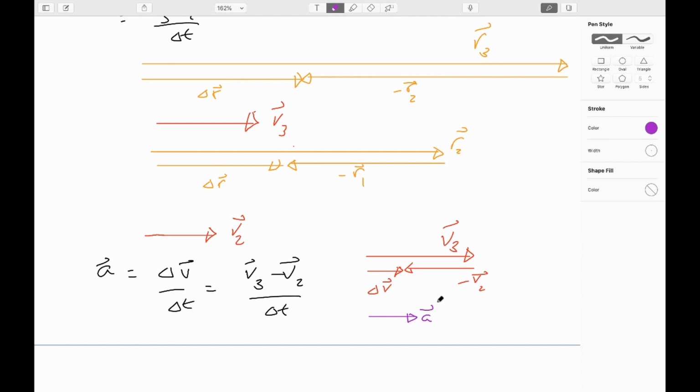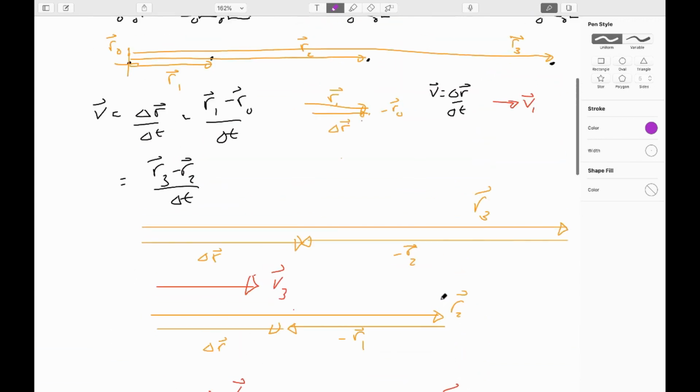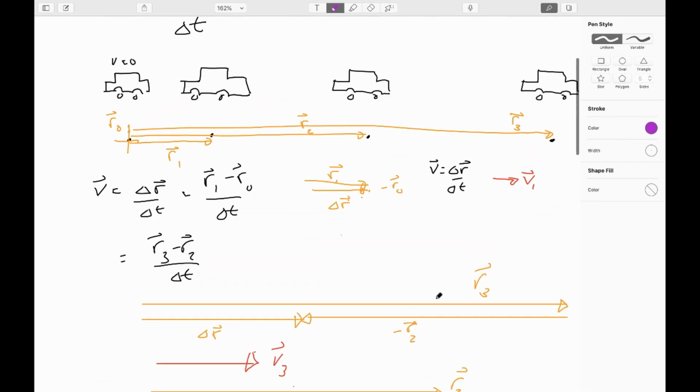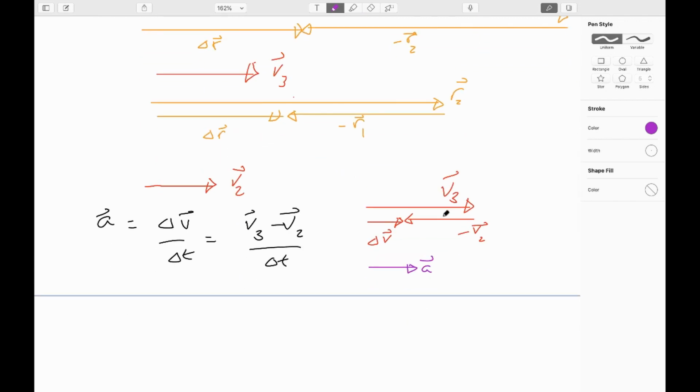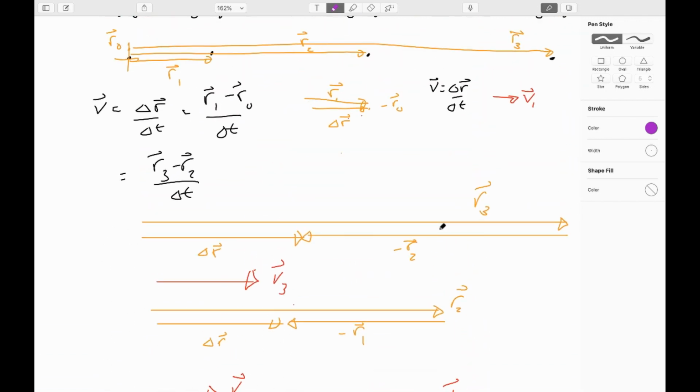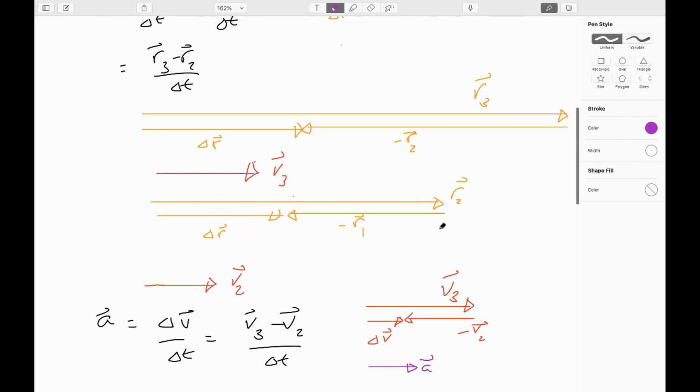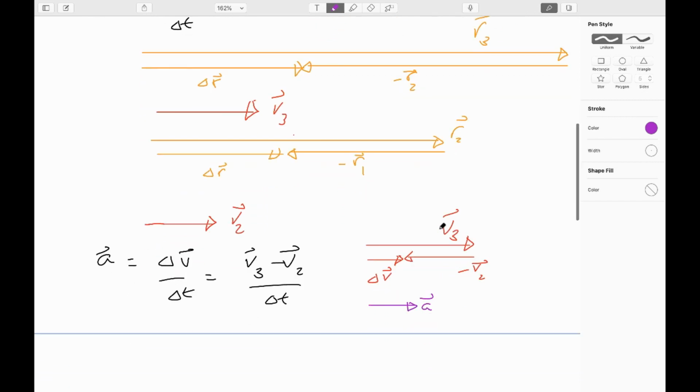It doesn't have to be the same length as long as it's proportionate. So what we see here, like we were looking at before, is that if we're speeding up, the velocities were always pointing to the right, and the acceleration is also pointing to the right. Alrighty.